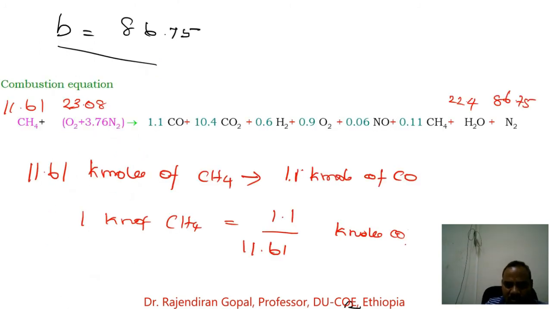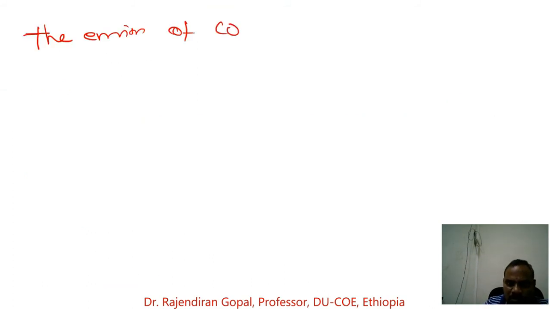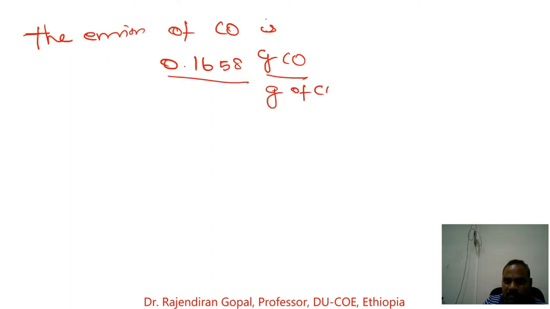1 kilomole of methane produces 1.1 over 11.61 kilomole of CO, that is equal to 1 kg of. So the emission of CO is 0.1658 gram of CO per gram of methane.